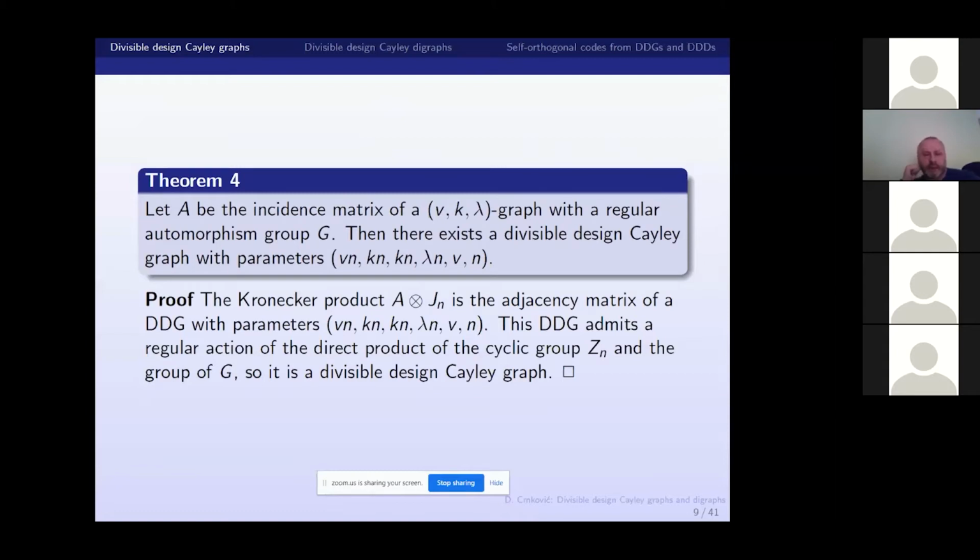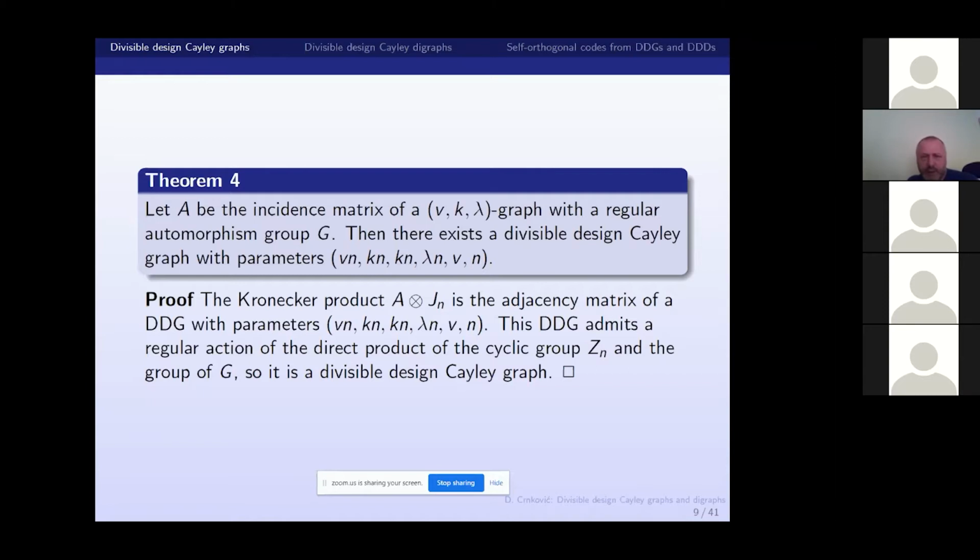So we have an incidence matrix A of a (v, k, lambda) graph, also with a regular automorphism group G. Then there exists a divisible Cayley graph with parameters v times n, k times n, and k times n. So lambda 1 is equal to k, and the fourth parameter is lambda times n, and then v and n.